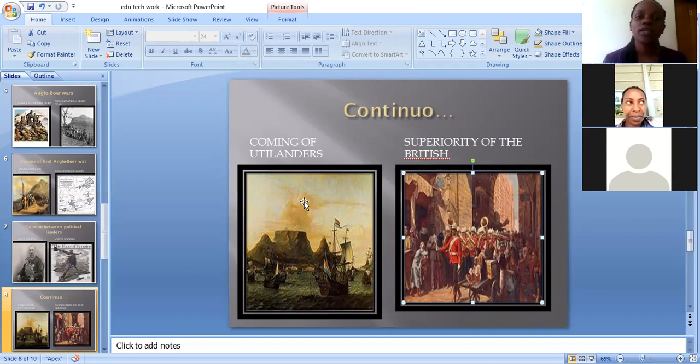So the coming of the Uitlanders increased the tension. When the Uitlanders come in, the population increases, and after its increase there will be unemployment for some British men, and also for the Dutchmen, which brings about confusion.